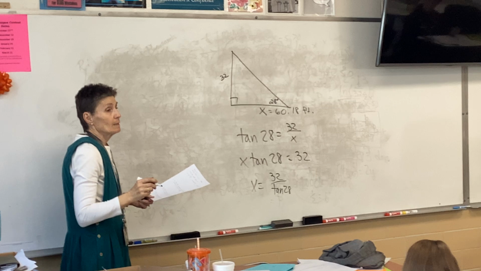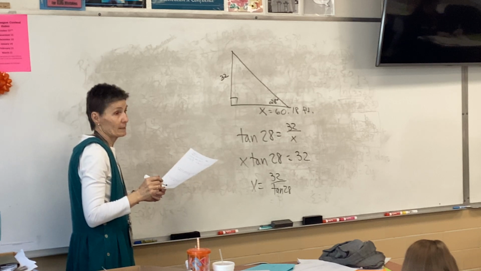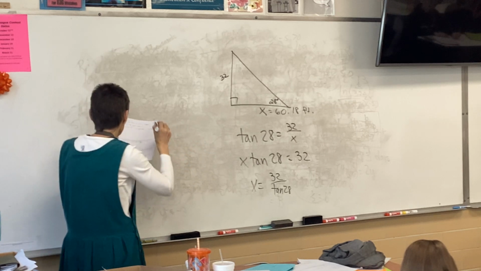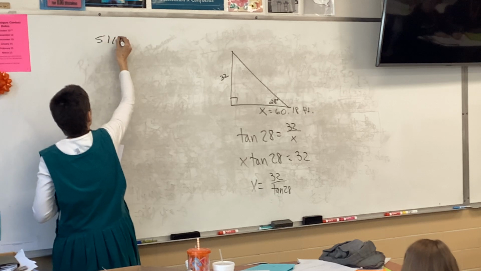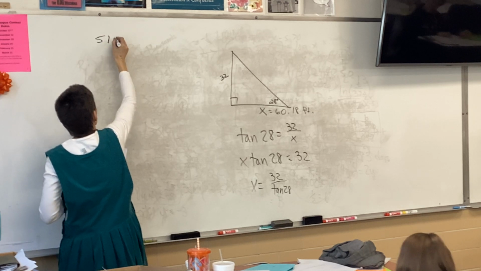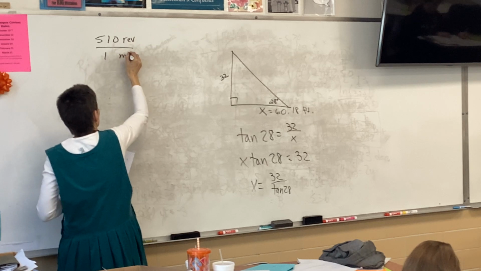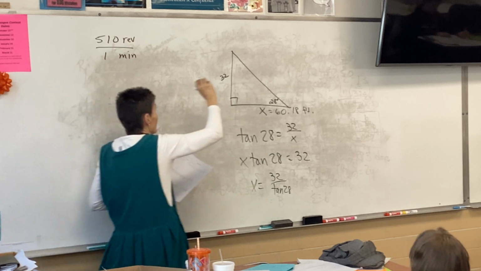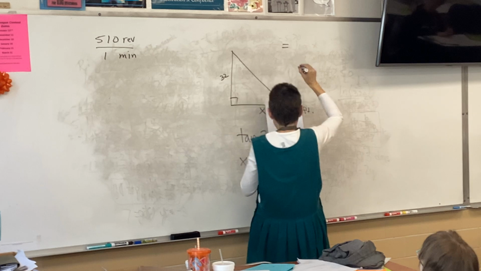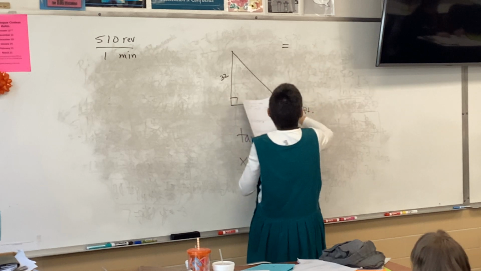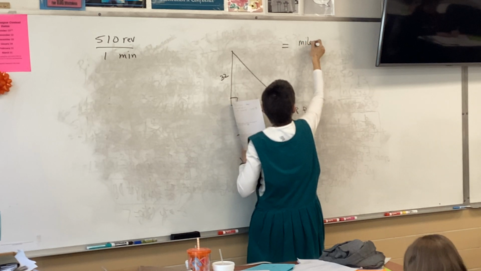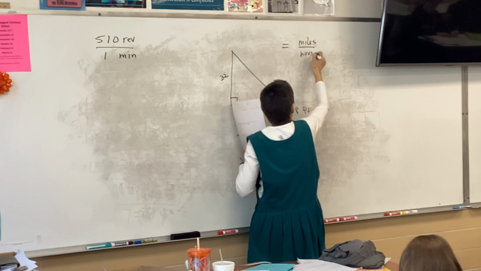All right. Now we got a real turning problem. So start with what you know. 510 revolutions per minute. That's what I know. And ultimately, after who knows how many steps, I want to end up in miles per hour.